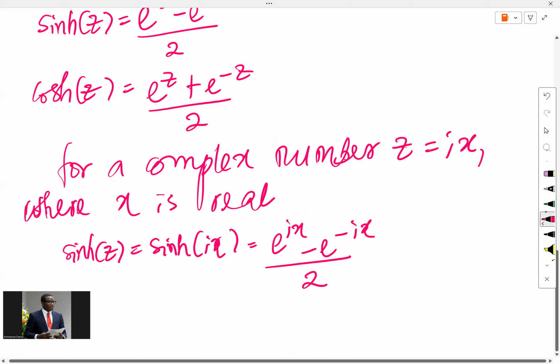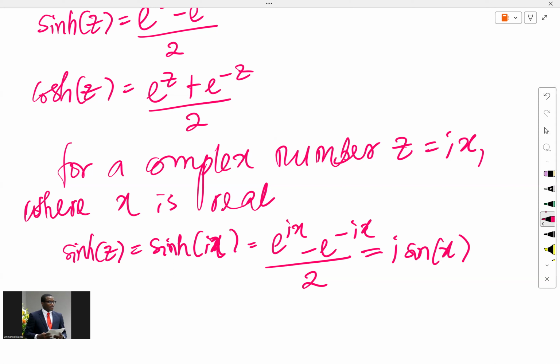If you have seen the last video, where we compared trigonometric and hyperbolic functions, you see that this expression is the same thing as i sin x. Because you know that sin x is actually equal to e raised power ix minus e raised power minus ix divided by 2i.